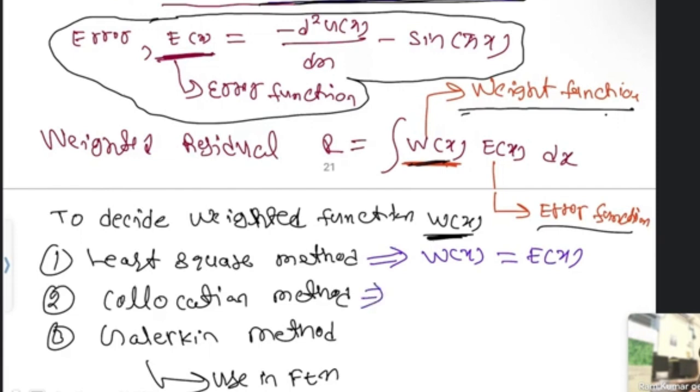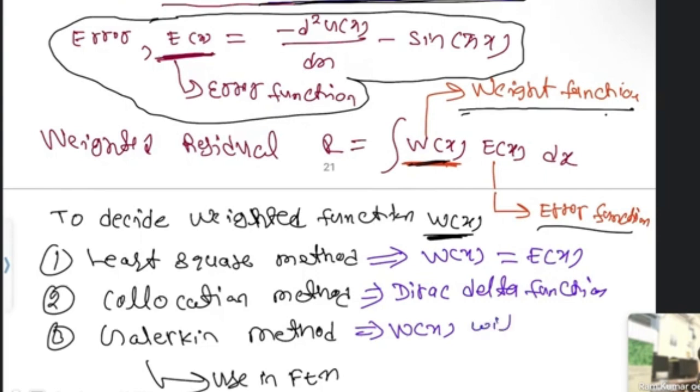In collocation, there will be a Dirac delta function, and in Galerkin, w(x) will be some function.